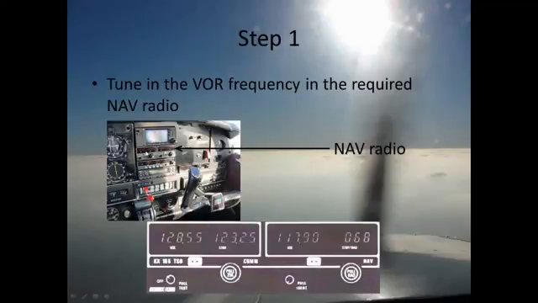This is the COM radio on the left and the nav radio on the right. So you take your frequency and you tune it into your nav radio. I won't say nav 1 radio because different aircraft use different electronics, but find your active nav radio and tune it in your standby, and then hit the switch button to make it active.